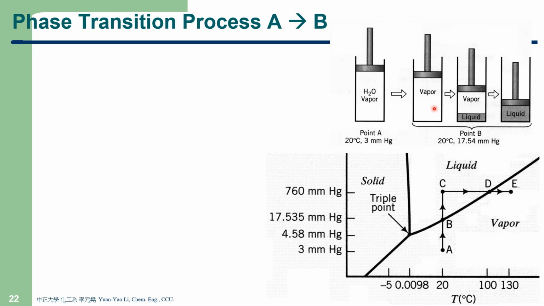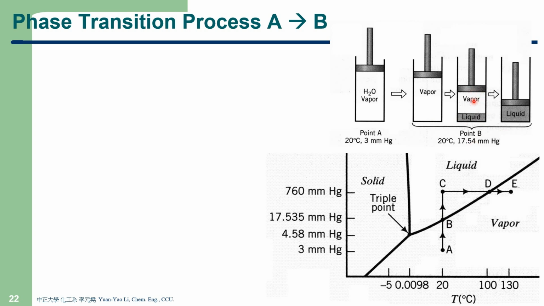So you can see the first drop of liquid in this chamber. And when you keep on pushing this piston, you can see more and more liquid in this container. But it's still at point B, because the pressure and temperature are kept constant.